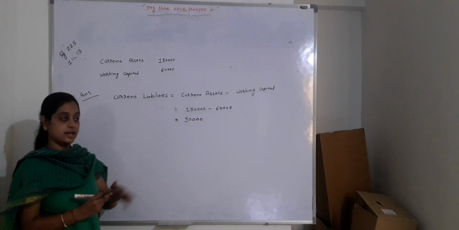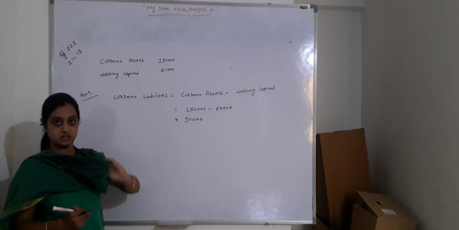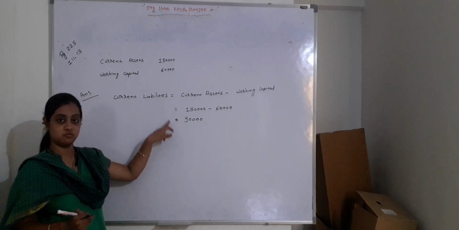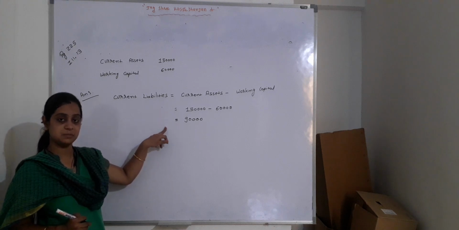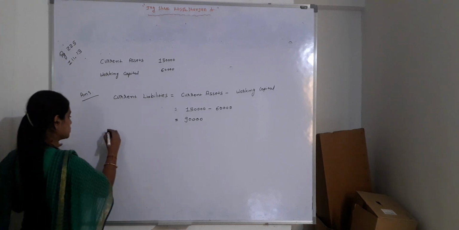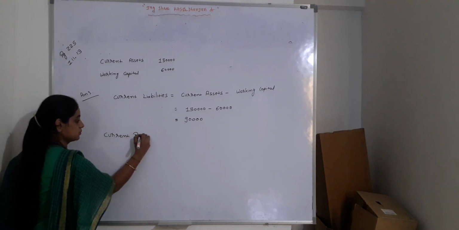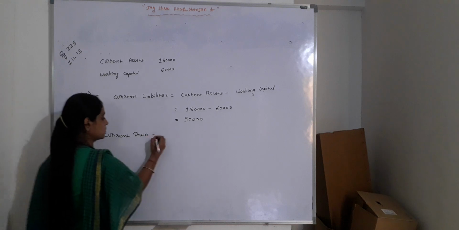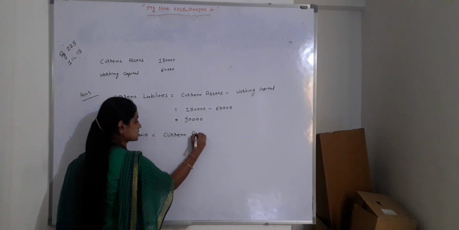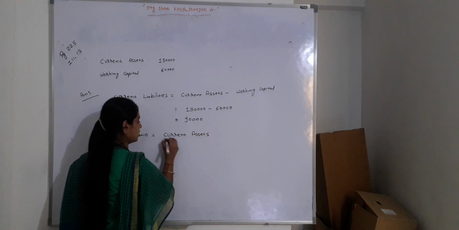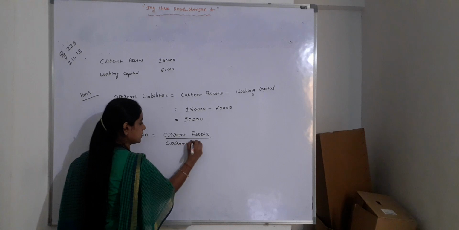See, our liabilities are less than our assets, right? That means we will not be declared insolvent. We can easily pay our debt, right? So, let's find current ratio. Current ratio is equal to current assets upon current liabilities.